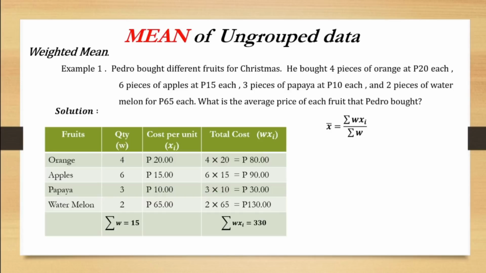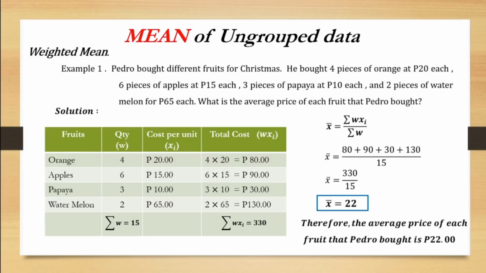Mean is equal to the summation of the product of the weight times the x sub i over the summation of the weight. As we substitute our values, mean is equal to 330 divided by 15, so that is equal to 22. Therefore, the average price of each fruit that Pedro bought is 22 pesos.